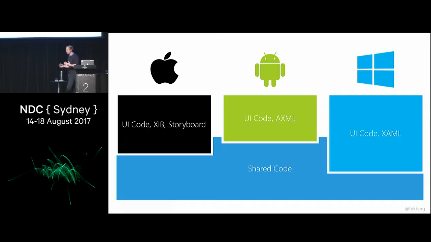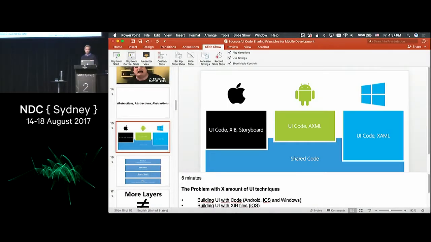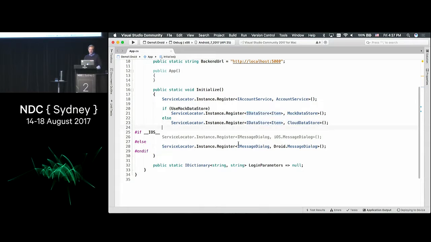So what do we mean by platform-specific code in those shared layers? Well, the code that we just saw inside this project here, let me just show that again. We saw that when we start off this entire app, this class is initialized from both Android and iOS. And we're saying here that if this runs on iOS, I want you to do this part of code. What's interesting is that they're saying I want an iMessage dialog to be an iOS message dialog.